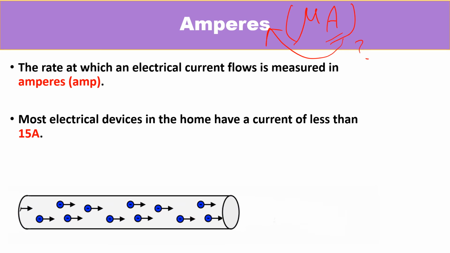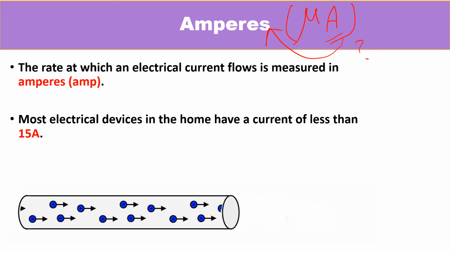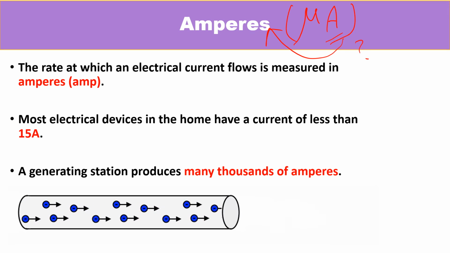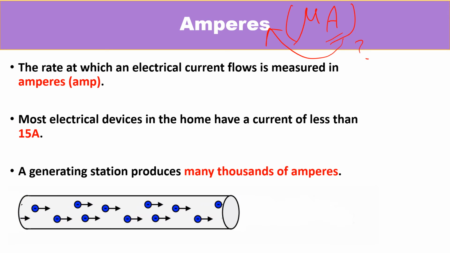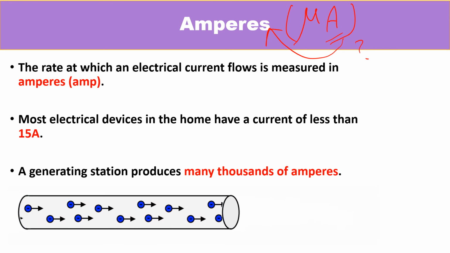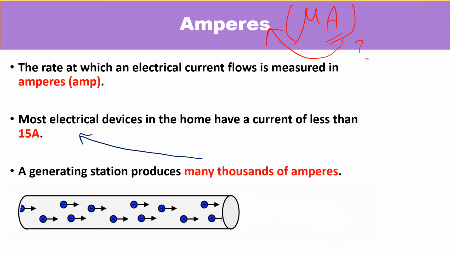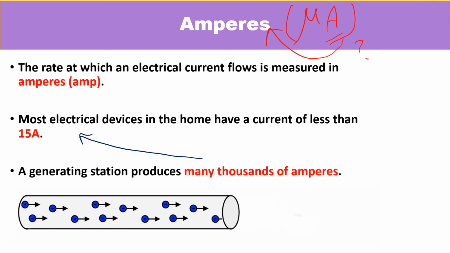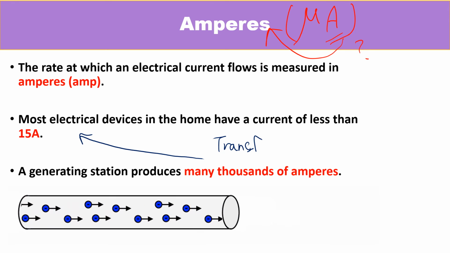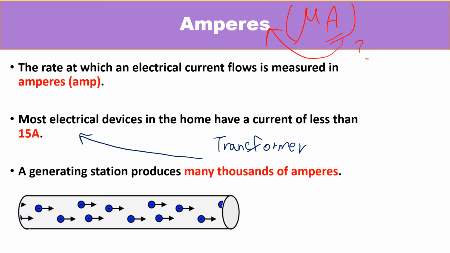Most electrical devices at home have a current less than 15 amp. A generating station produces thousands of ampere at a time because it's such a massive macro scale. However, there is a device that brings our high ampere down to lower ampere, and that's what you sometimes see or hear as a transformer.